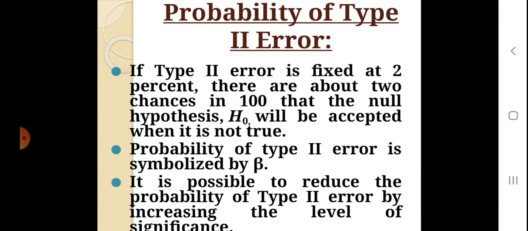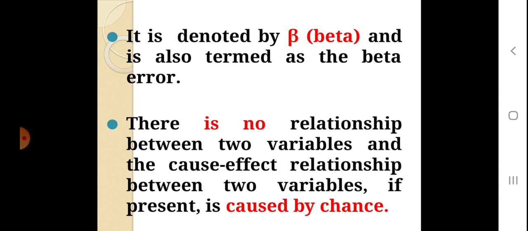And the type 2 error occurs when the null hypothesis is accepted, considering that the relationship between the variables is because of chance, means because of luck, even when there is a relationship between the variables. As a result of this error, the researcher might end up believing that the hypothesis does not work even when it should. Okay, this is about the meaning and definition of type 2 error.